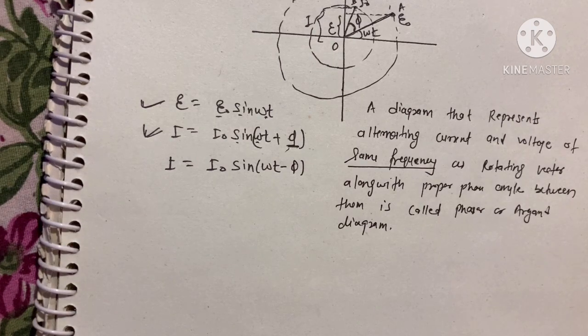They found that there is a different phase angle between EMF and current, so we need to know how to represent the phasor diagram. After that our topics will be an AC circuit containing only a resistor, then only an inductor, then a capacitor. In those topics we will see the phase angle and phasor diagram, and that is very important from the exam point of view because they ask it most of the time.